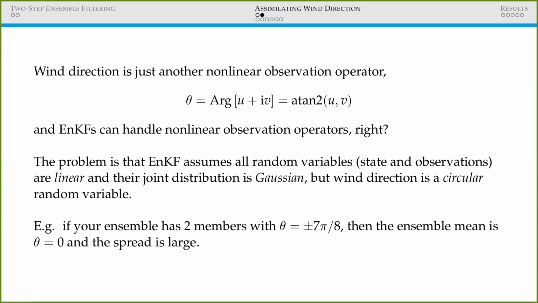And you'll find that the spread is very large because both of the angles are very far from 0. So not only is it getting the mean exactly wrong, it's also getting the spread exactly wrong. This is just to illustrate why periodicity is really the fundamental problem here.